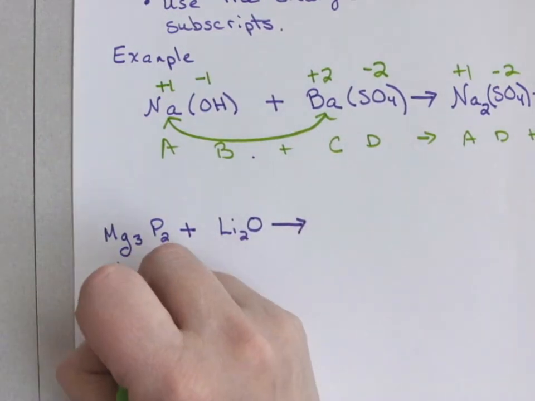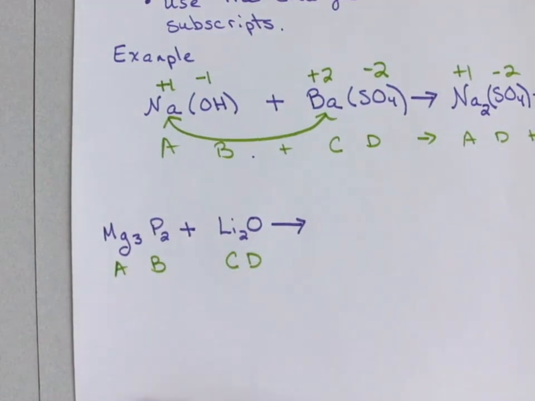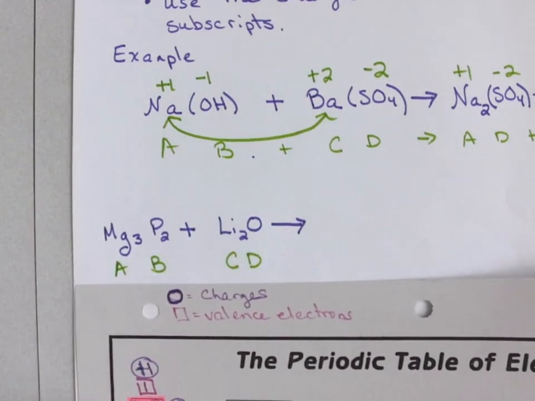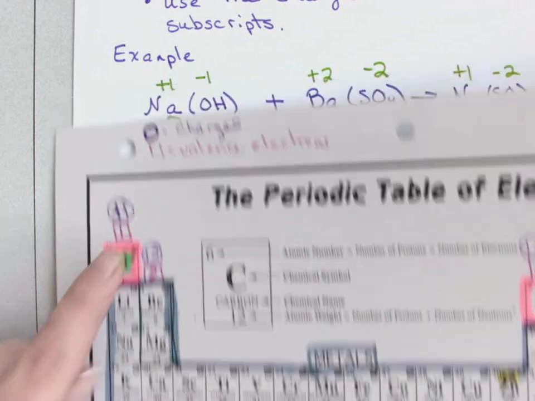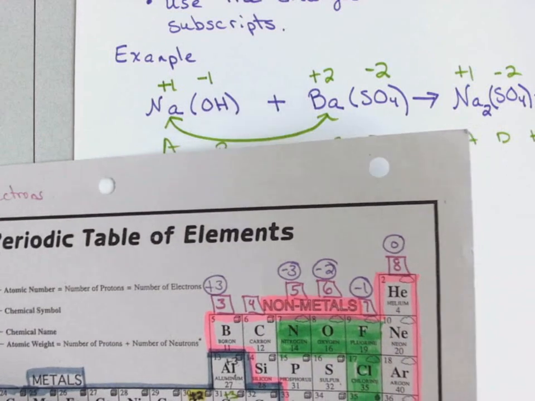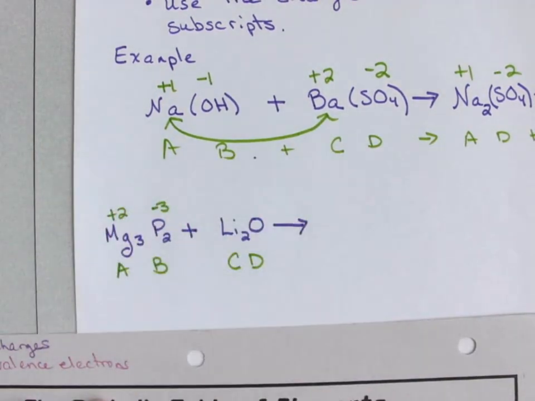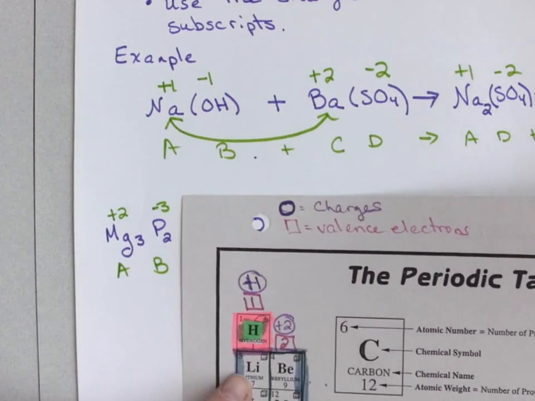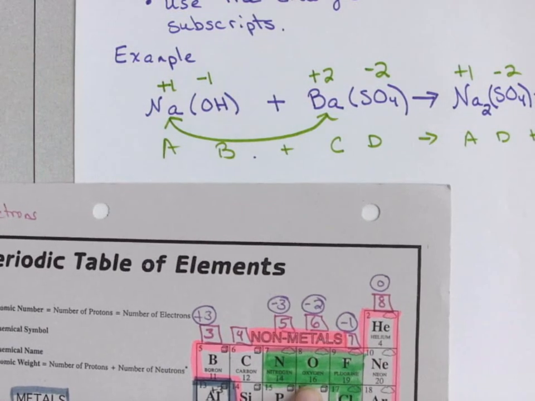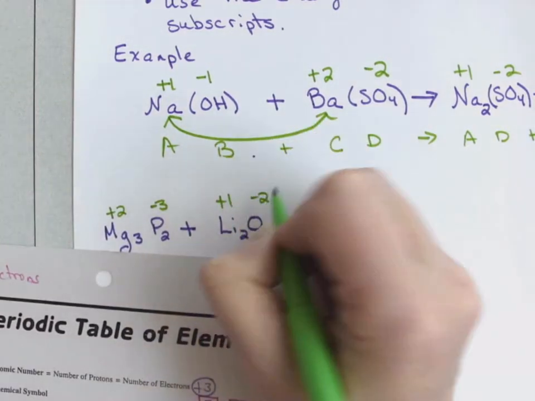Okay, so this is our A, this is our B, this is our C, and this is our D. And then also while we're over here, let's go ahead and figure out charges so we can confirm what everything's going to be with. Magnesium is +2. Phosphorus is -3. Lithium is +1. And oxygen is -2.